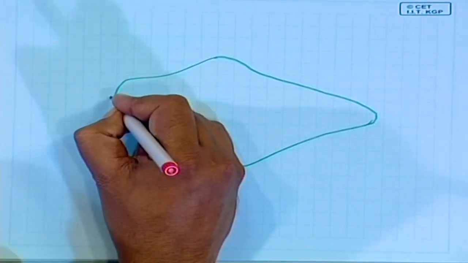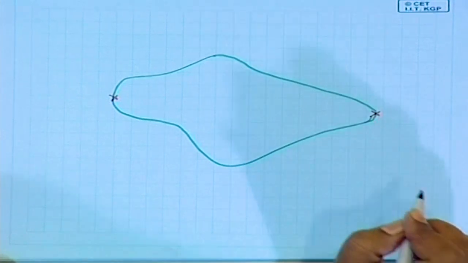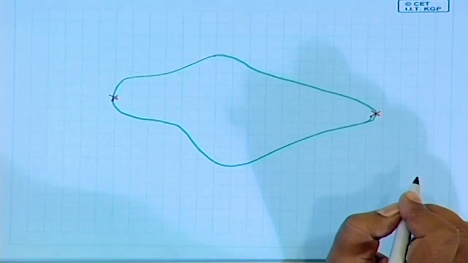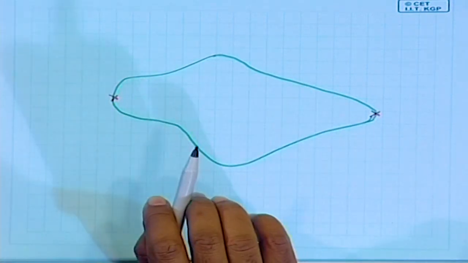Once I decide 2 points on the boundary, the boundary is split into 2 sub boundaries or 2 segments of the boundary. First, let us assume that somehow we have been able to select 1 point over here and 1 point over here. These are the 2 points along which the boundary can be split.